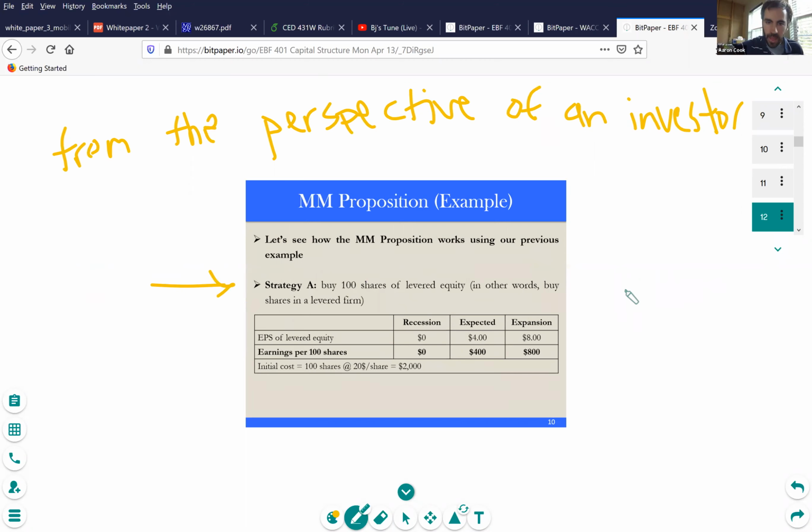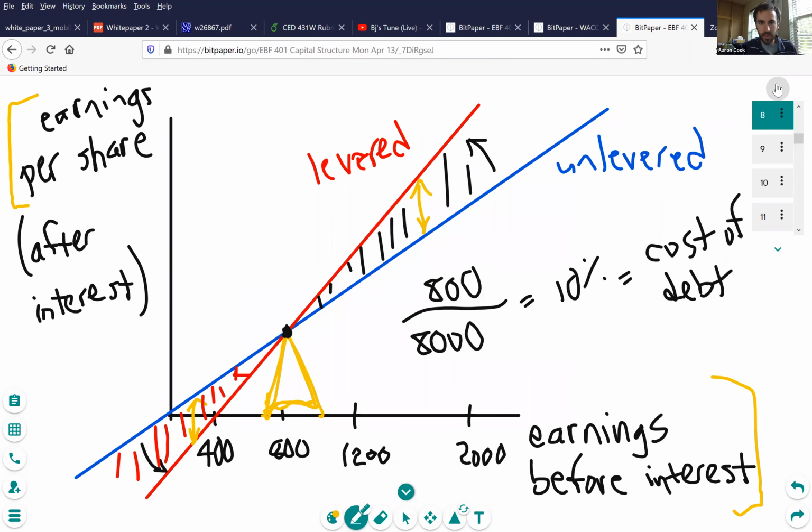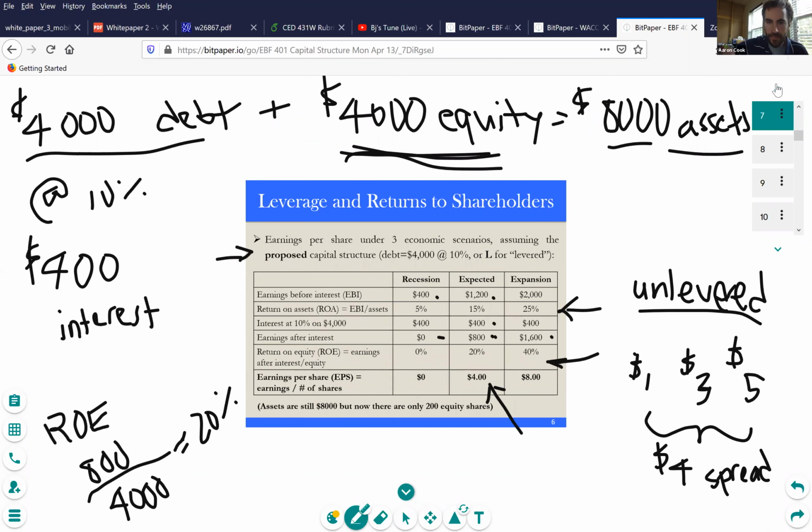Strategy A, buy 100 shares of levered equity. So remember the levered equity, that's going to be the version of the firm in which its payoffs have been sort of levered up. It's going to be the payoffs that correspond to this scenario where you get these kinds of payoffs under different states of the world.